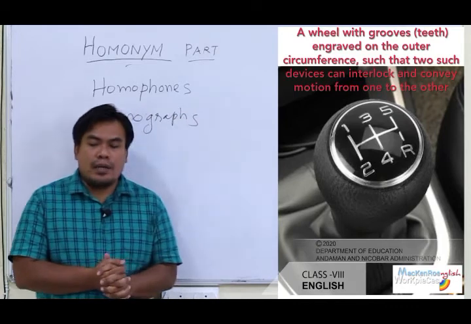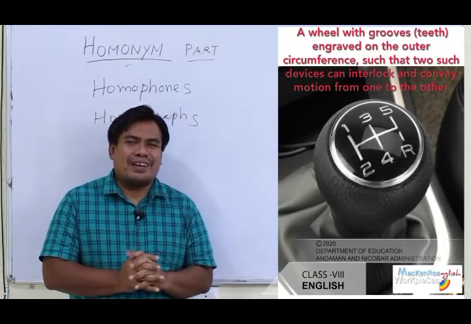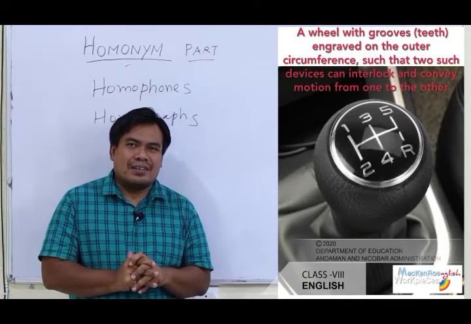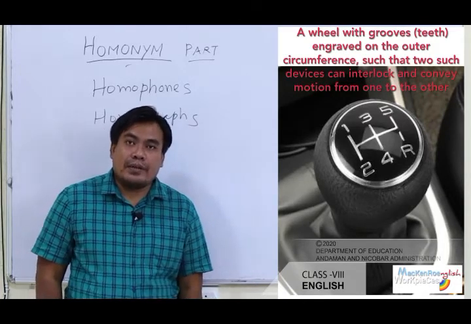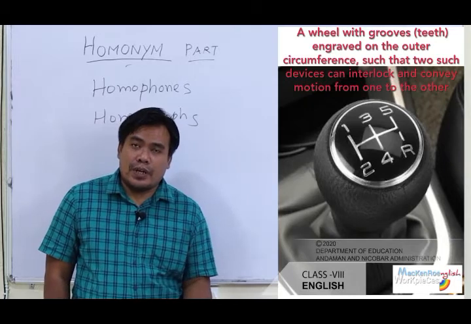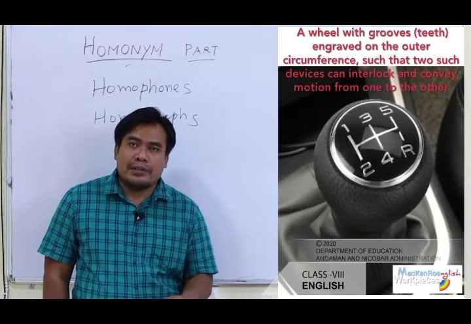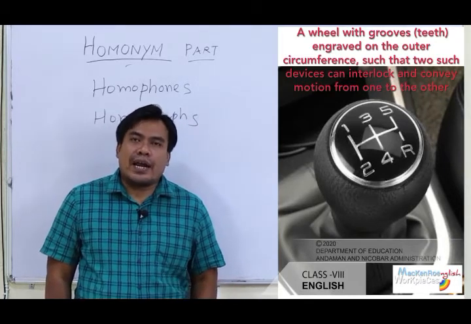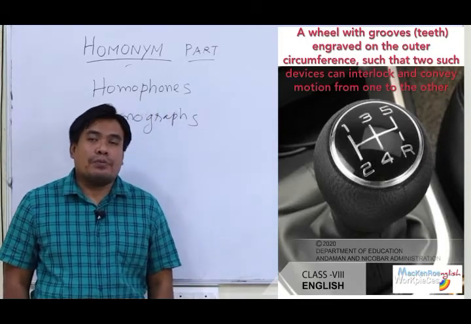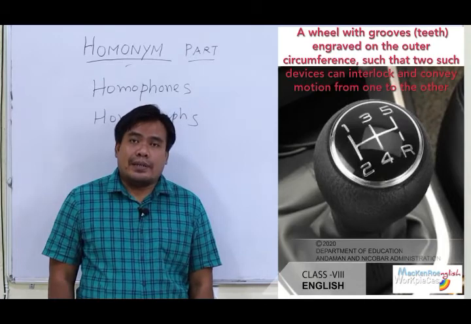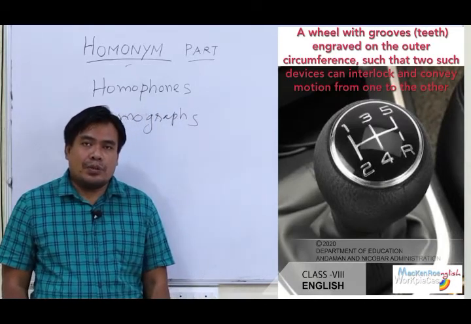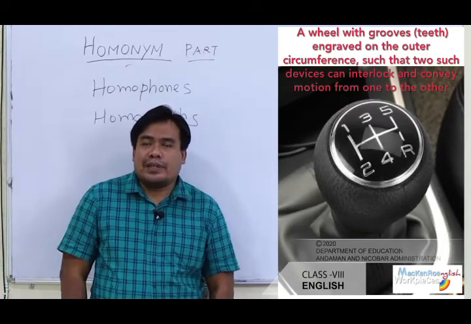Next one. What is that, by the way? Try to figure that out now. It's a gear. The first gear whenever you are moving the vehicle. If you know driving, you don't have to drive actually. You shouldn't be driving now because you're under 18. Whenever you attain the age of 18, that time you can drive.